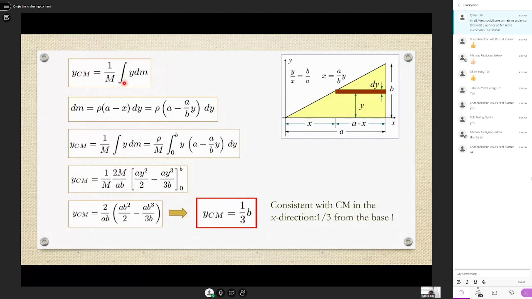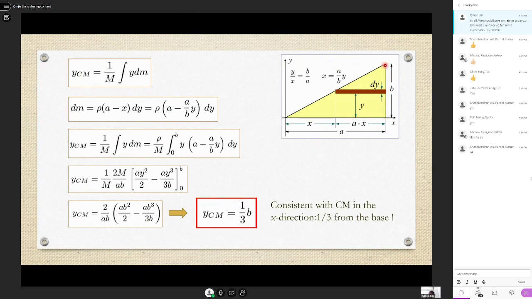Same thing for the y direction. You will chop up the slice in a different manner, because just now we did x, so now we will do y. We chop up this manner. Again, from proportionality, we're going to get this. And this is still a, this is still b.